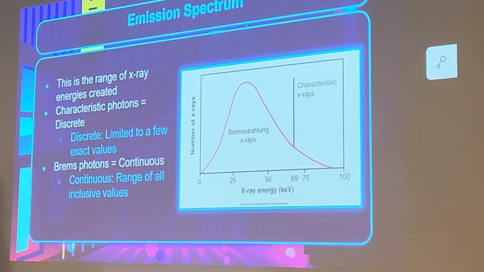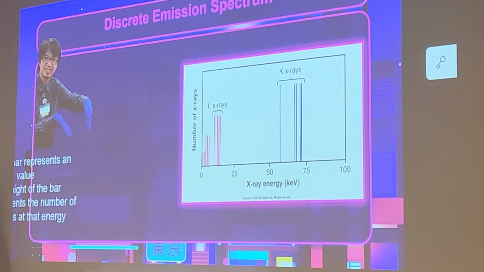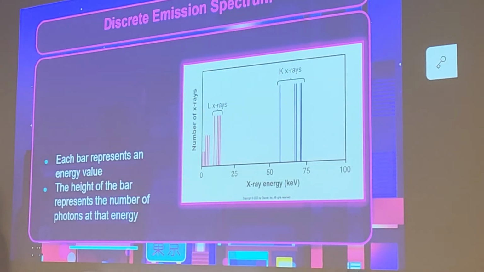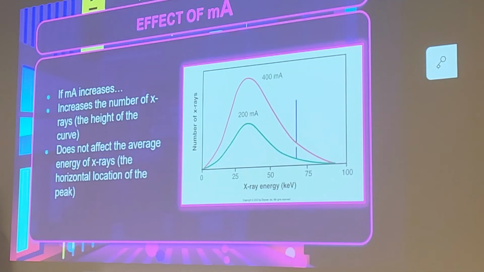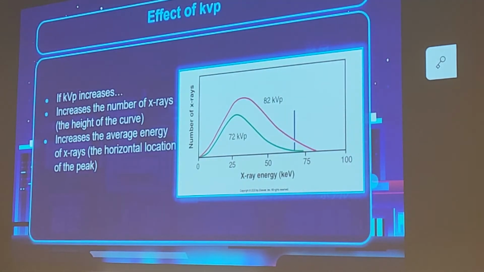And you know that because if you look at the spectrum, it moves in both directions. It moves horizontally and it moves vertically. So you know it affects both quality and quantity.